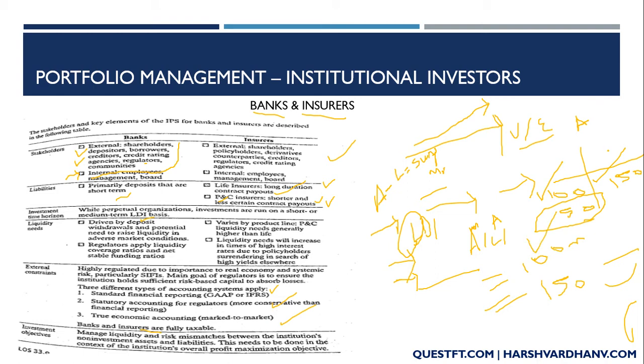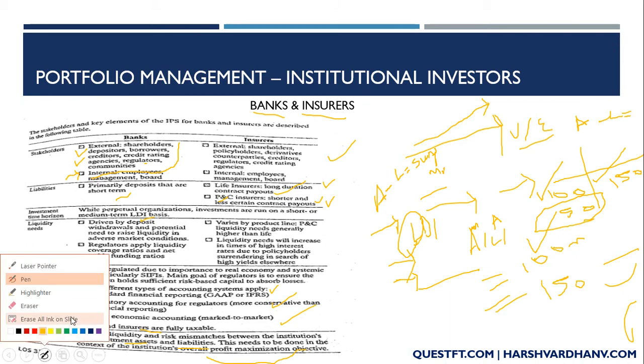So they will always try to keep this amount, asset minus liability, positive, which is mentioned over here. Manage liquidity and risk mismatches between the institution's investment assets and liabilities. This needs to be done in the context of the institution's overall profit maximization objective. So the agenda is to manage the assets in context with the liability.